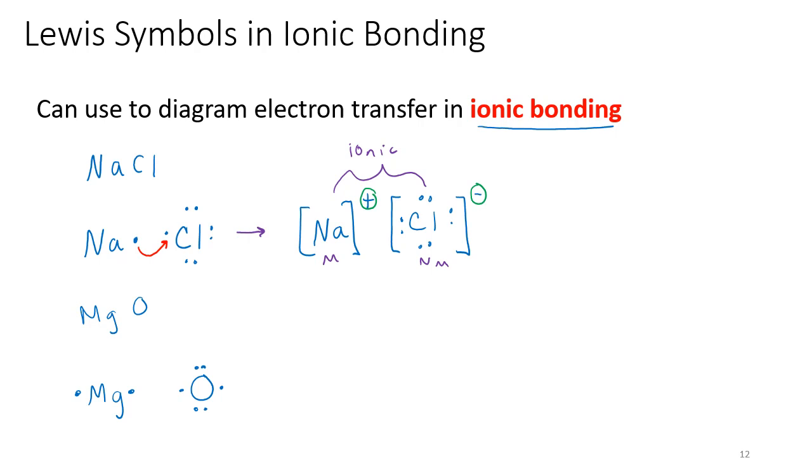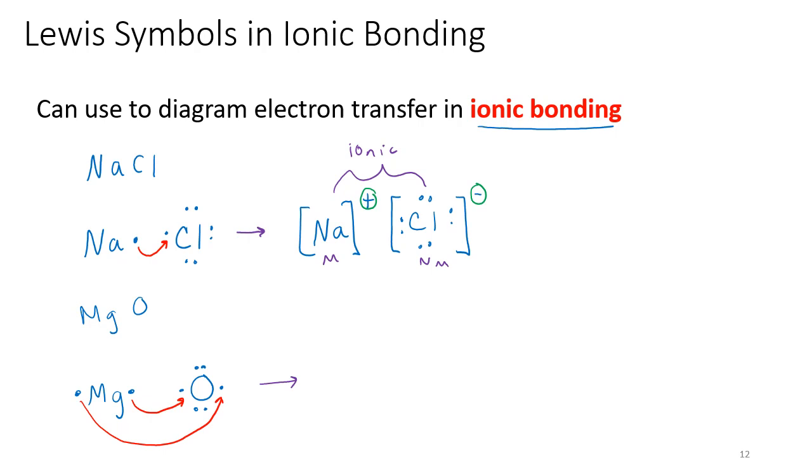When we form magnesium oxide, magnesium has to lose 2 electrons in order to have a complete octet, whereas oxygen wants to accept 2 electrons. So both of our electrons on magnesium will be given up to oxygen.